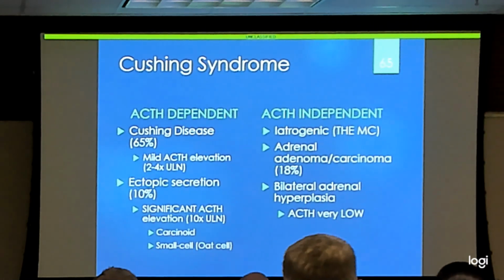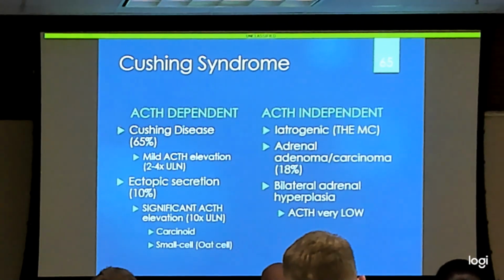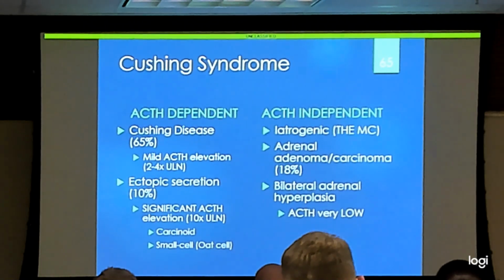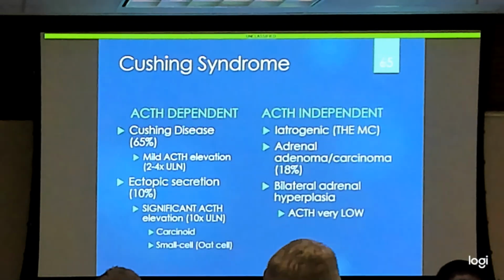So I put it in another chart too. It's very repetitive. ACTH dependent, Cushing disease being a very common form of that, I would have a normal or 2 to 4 times the upper limit of normal ACTH.